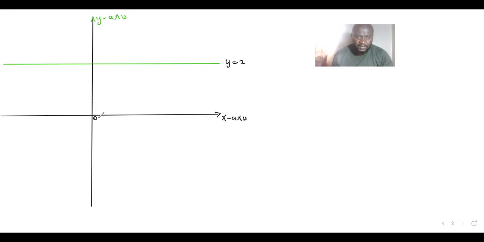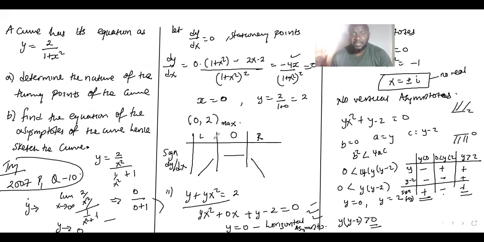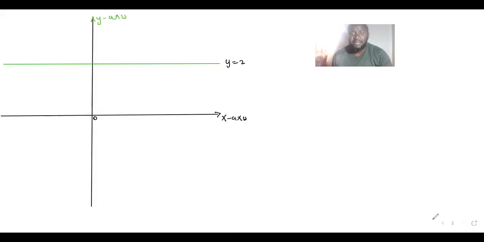This is y is 0. Remember now, we had seen that the turning point was at 1, it was a maximum, it was at 2. So definitely, because of this boundary 0, 2, when the curve reaches here, it has to turn maximum. But also we saw that the horizontal asymptote was y is 0. So if it's y is 0, when it approaches 0, it will become a rectangular hyperbola.